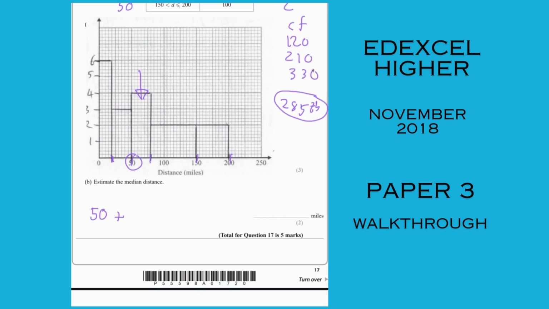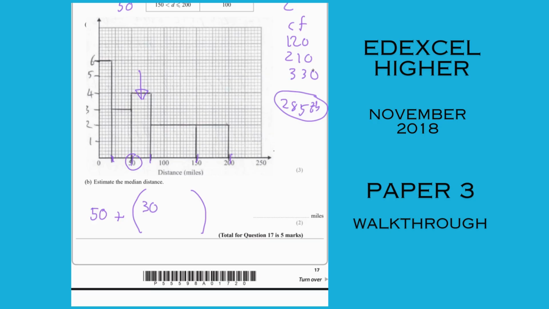The question is, what do we add on? Well, the width of the class from here to here is 30. So we need to add on a certain fraction of 30. The question is, how much of a fraction?